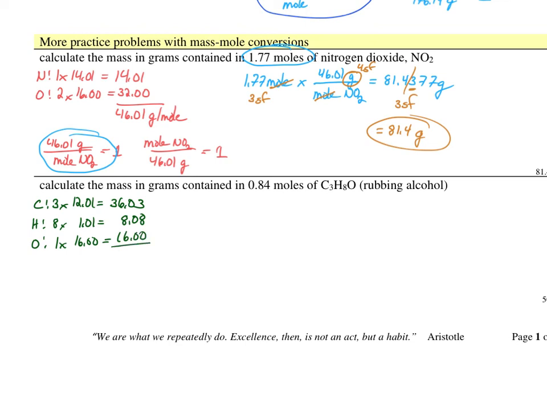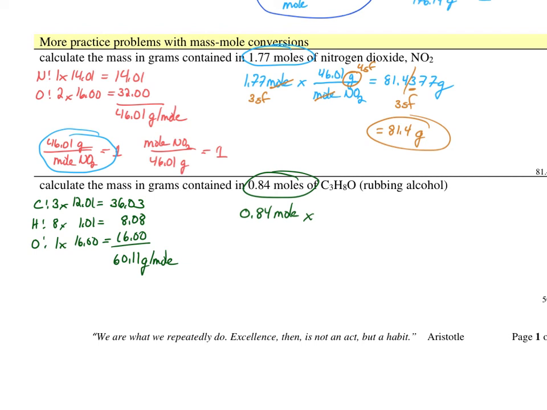So the formula weight of rubbing alcohol comes out to be 60.11 grams per mole. We go back to the number with its unit that we're given. So we have 0.84 moles.